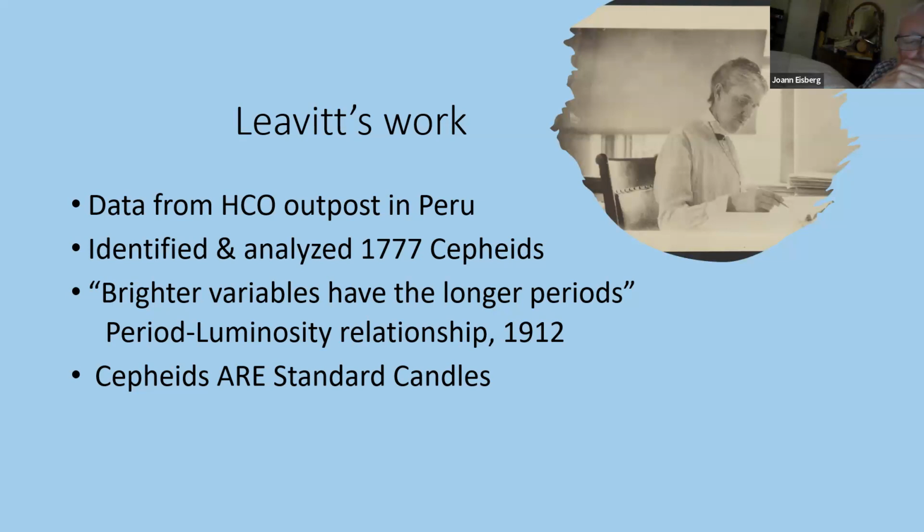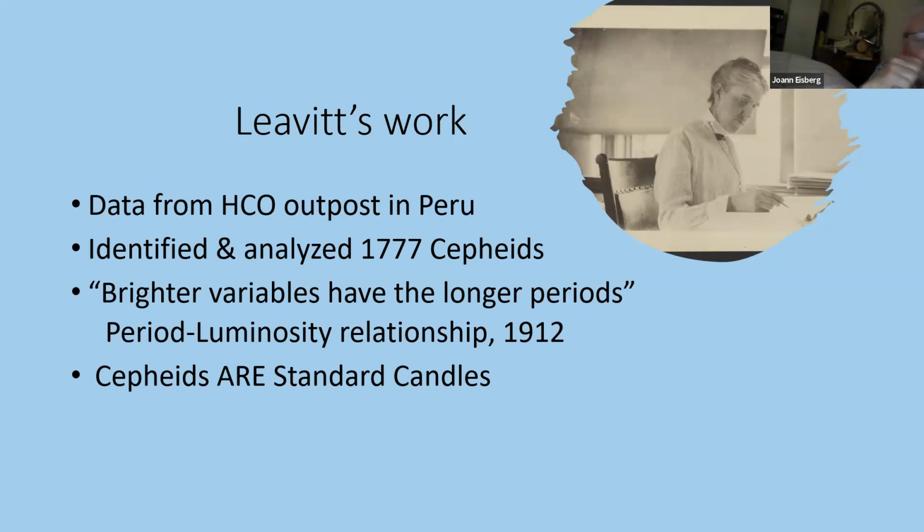And assuming that they really were all at the same distance, I might not have known exactly what that distance is, but at the same distance, she came up with a period luminosity relationship in 1912. So she'd been working on this for about a decade by the time she published it, and the result of this is really pretty: Cepheid stars as standard candles.